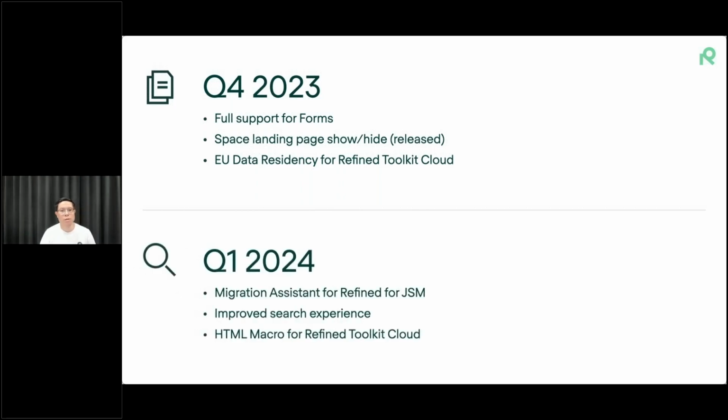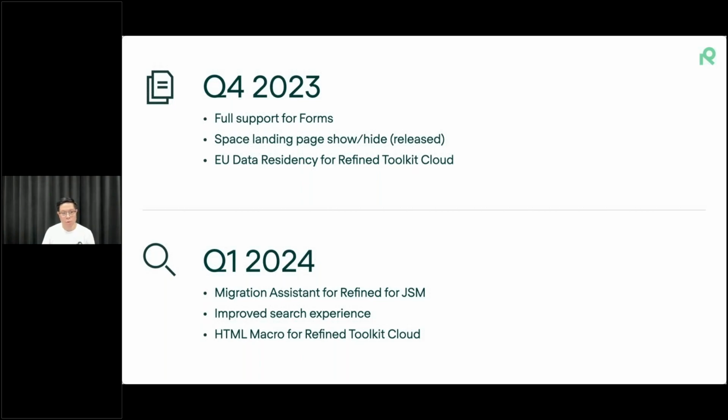So what does Q1 look like for 2024? The migration assistant is going to be first available for Refined for Confluence. We're working on that very hard, and that will be out soon. The migration assistant then will be available for Refined for JSM in Q1 2024.